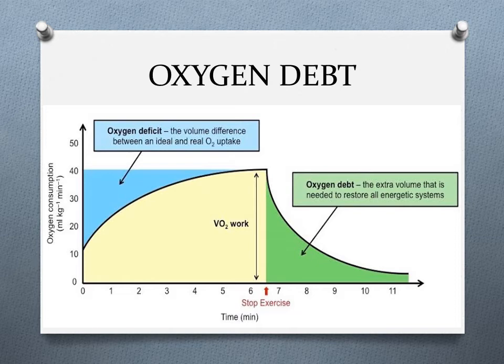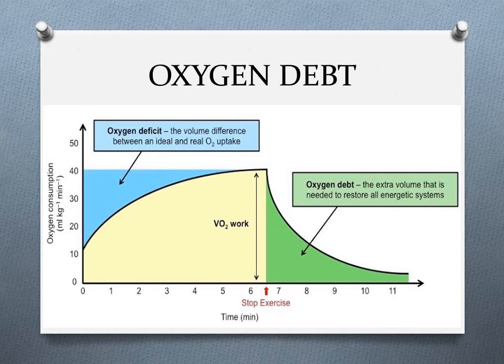That's why this oxygen helps in the removal of lactic acid and replenishes the ATP and phosphoryl creatine store. This extra amount of oxygen which is needed by the body to restore all the energetic systems is called the oxygen debt.